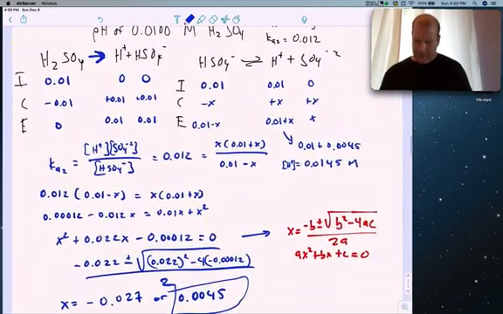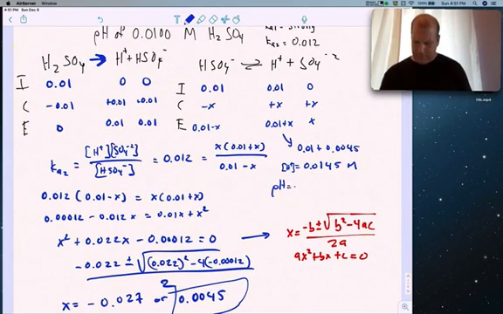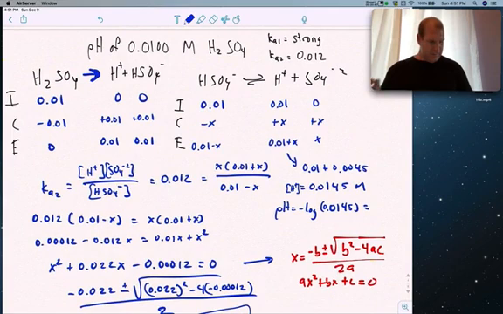So pH is equal to minus log of 0.0145, which equals, and this is how many sig figs? 2 sig figs? We have 2 sig figs with a Ka, so this is 1.84. And this is our final answer.